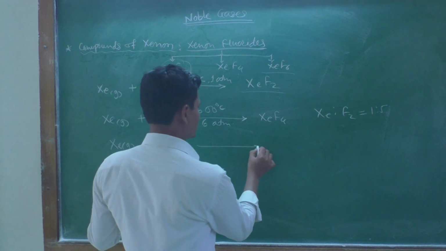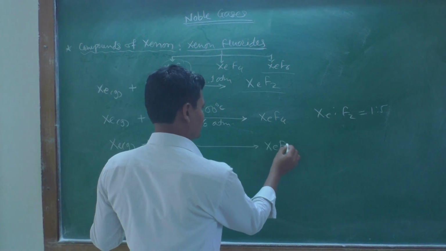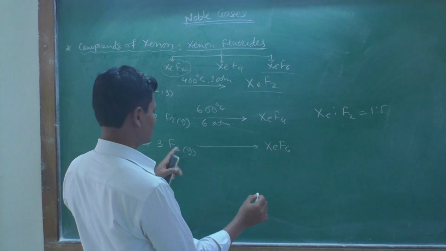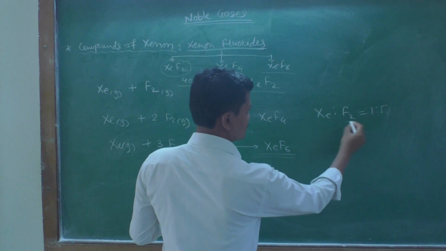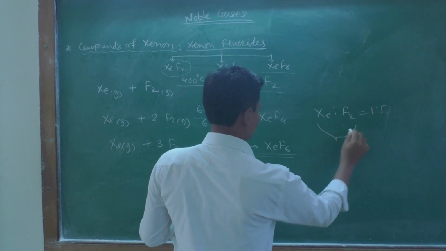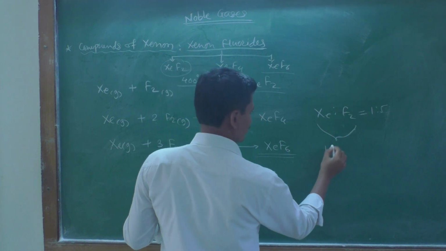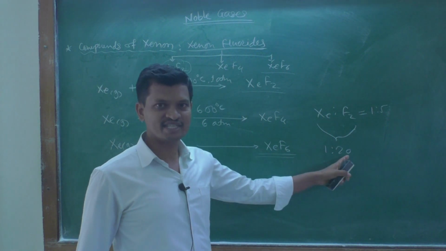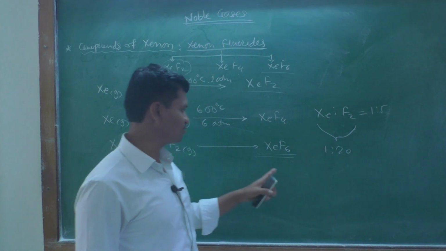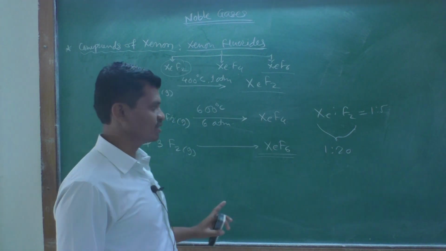The product in this case is xenon hexafluoride, with 1 xenon plus 3 into 2, 6 fluorine atoms. But the ratio of xenon to fluorine for this reaction is 1:20. So fluorine is taken in large excess, 1:20 proportion, for the formation of xenon hexafluoride.